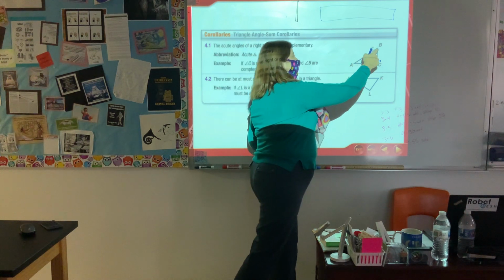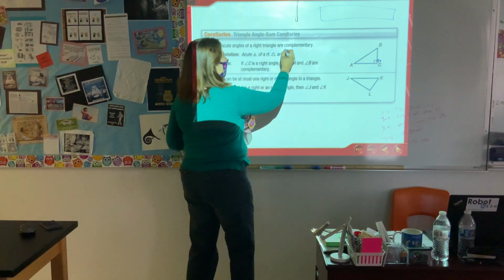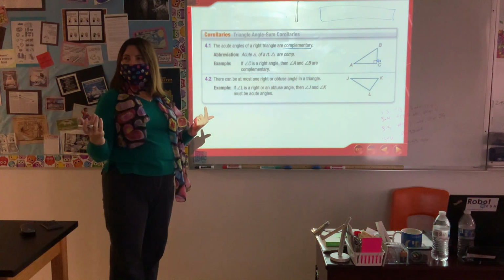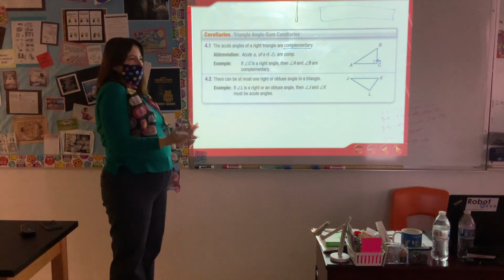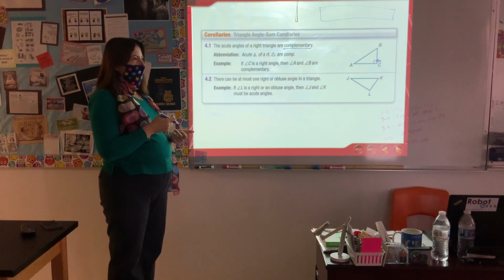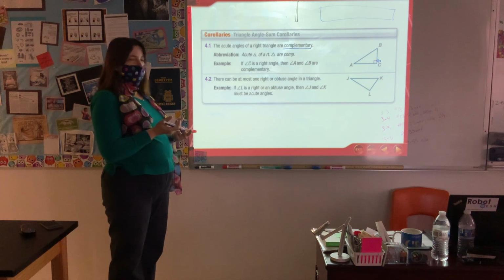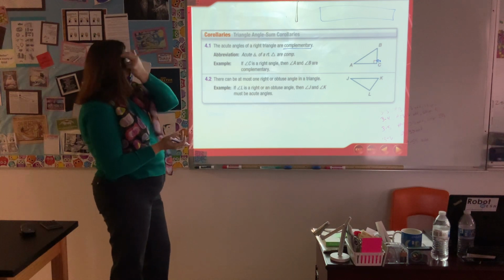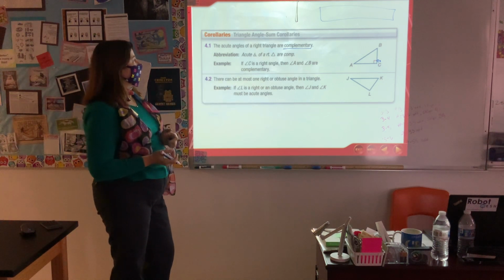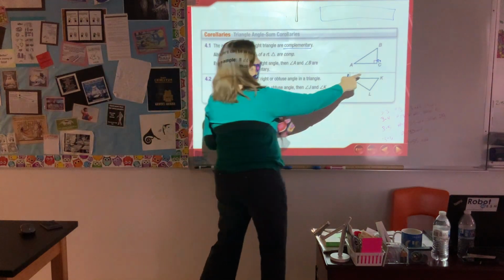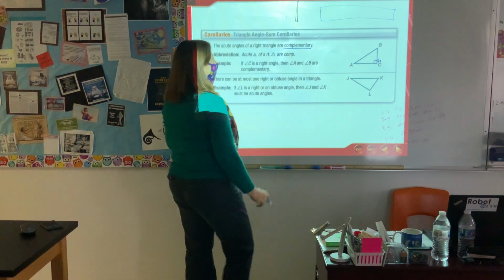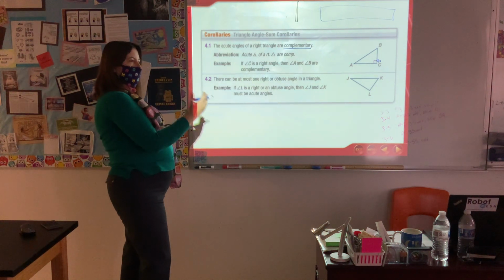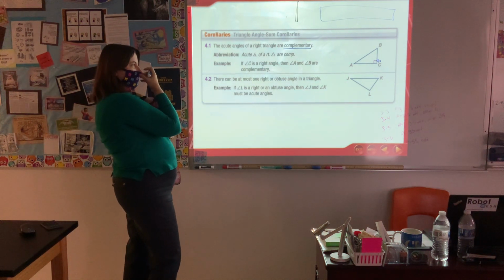Its acute angles will always be complementary, because they have to add up to 90. Does that make sense? So if this triangle has a right angle at C, then A and B have to be complementary to one another. The two angles will add up to 90.